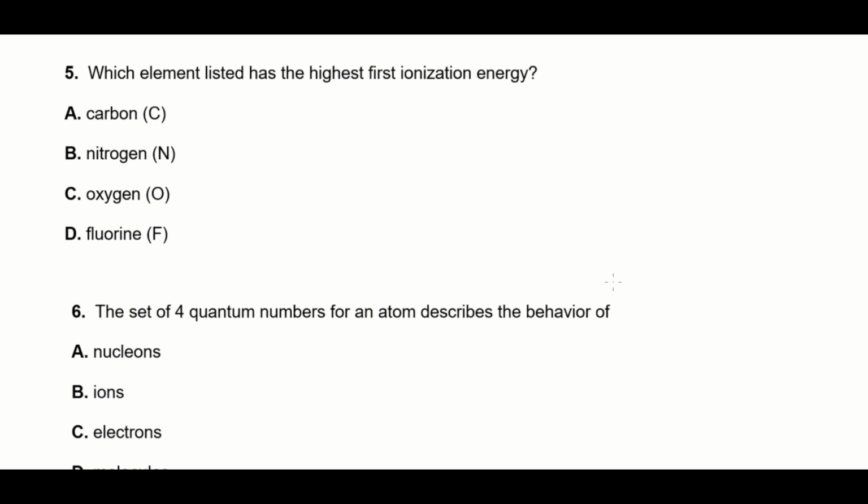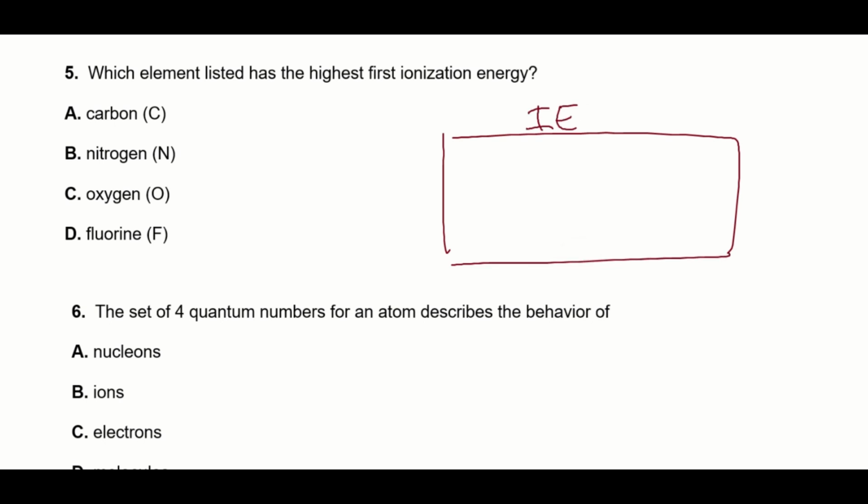All right, number 5, which one has the highest first ionization energy? First ionization energy is the energy required to remove the first electron from the atom. That would be the electron with the highest energy, or farthest away from the nucleus. So that's going to trend up and to the right. These are going to be harder, or they're going to require more energy to ionize.